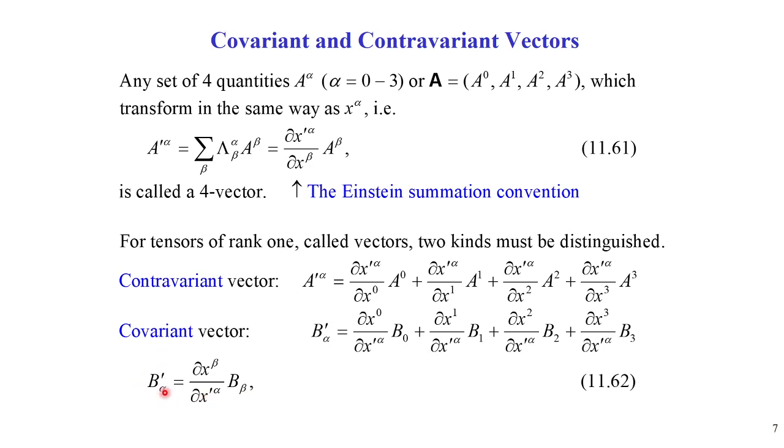One expression is a sum over one index. A prime alpha is summed here and here, and contravariant is summed here and here. So that's different in notation.